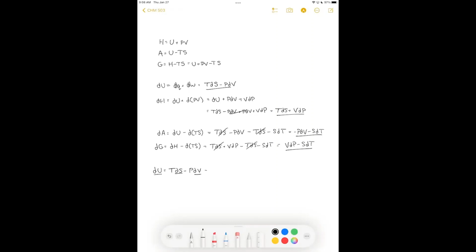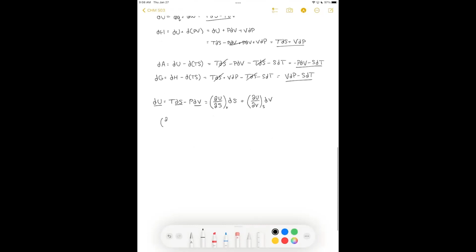So we can also represent this as the change in internal energy with respect to entropy at constant volume, dS, plus the change in internal energy with respect to volume at constant entropy, dV. And comparing these two expressions, you'll note that we have the result that dU/dS at constant V is equal to T, and dU/dV at constant S is equal to minus P. And we have this pretty clear result here. We can do this for all of our functions.